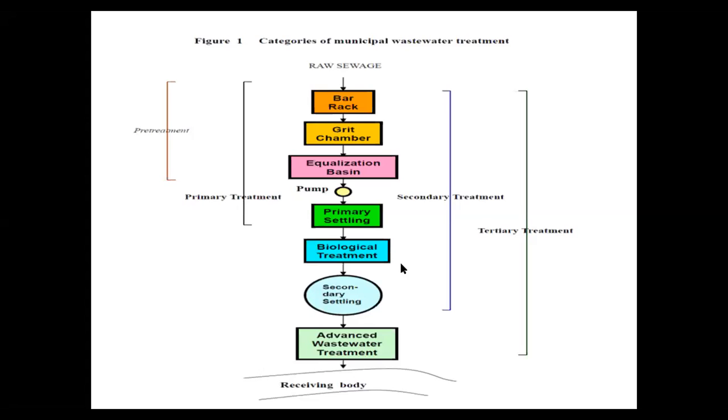Then what is included in the tertiary treatment process? Including the primary and secondary treatment process, we are supposed to provide advanced wastewater treatment. But usually at the wastewater treatment plant, we are not providing the advanced wastewater treatment process because it is costlier.